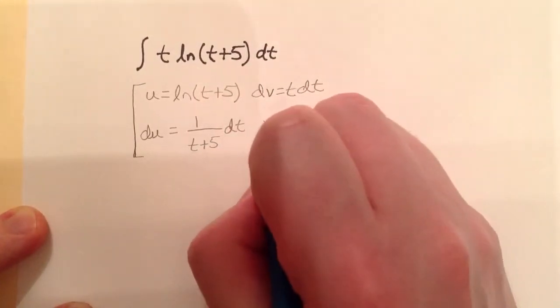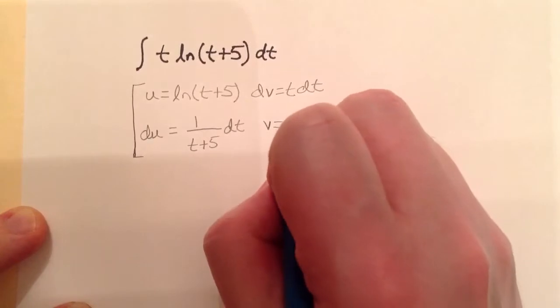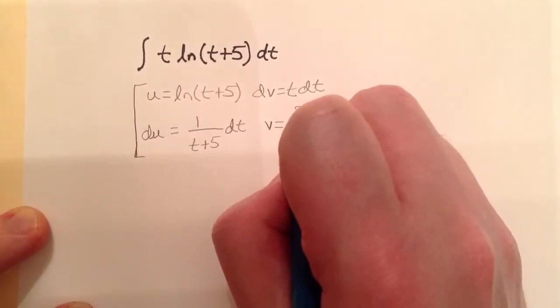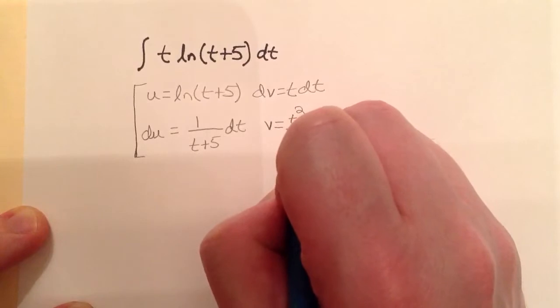And as for the antiderivative of t dt, we're going to have for v, this will be equal to t squared over 2.